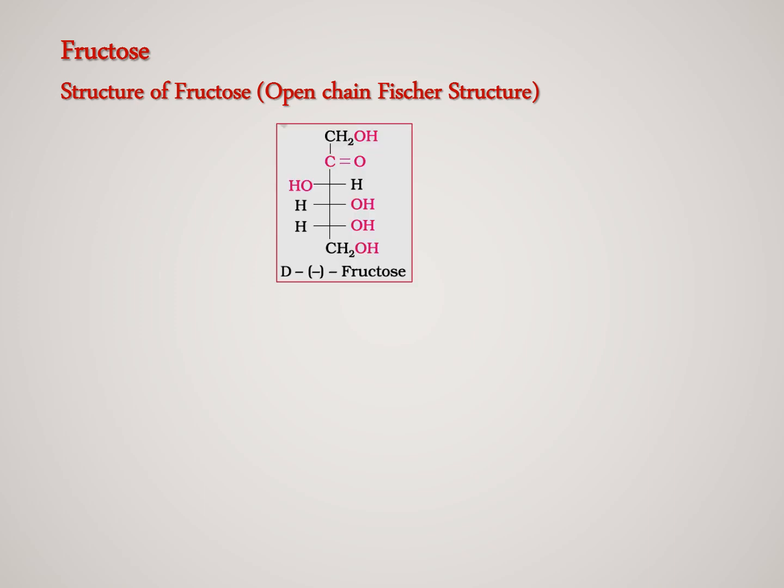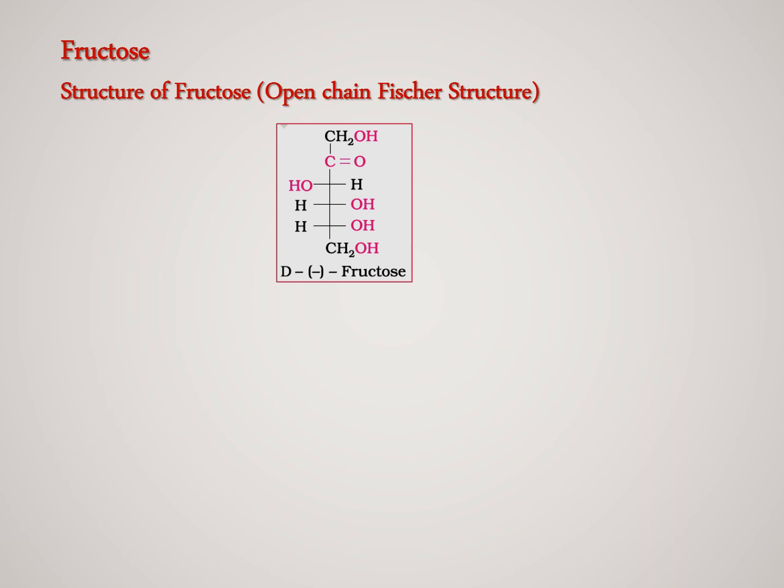When we look at the structure of fructose, it is observed that there are 6 carbon atoms, where the second carbon atom is found to be a ketone. Why do you call it a ketohexose?